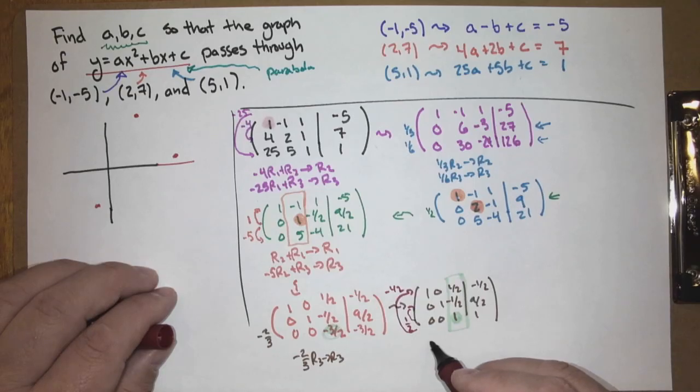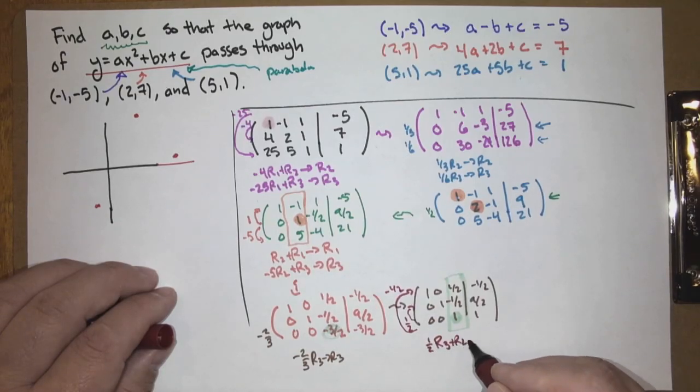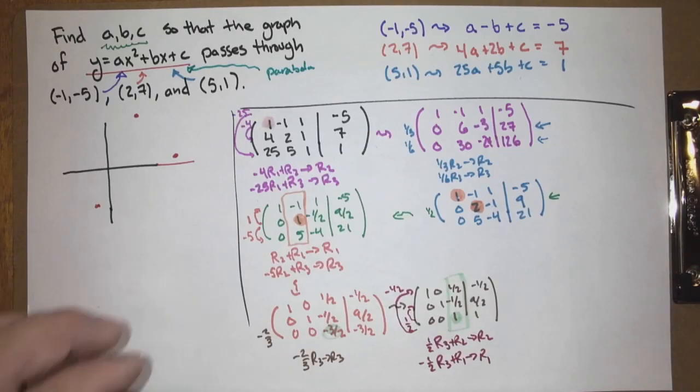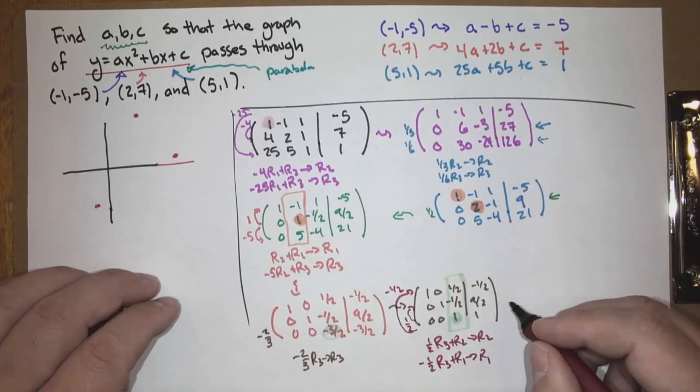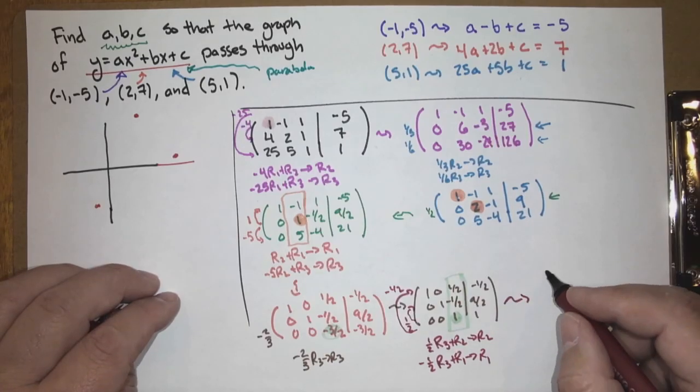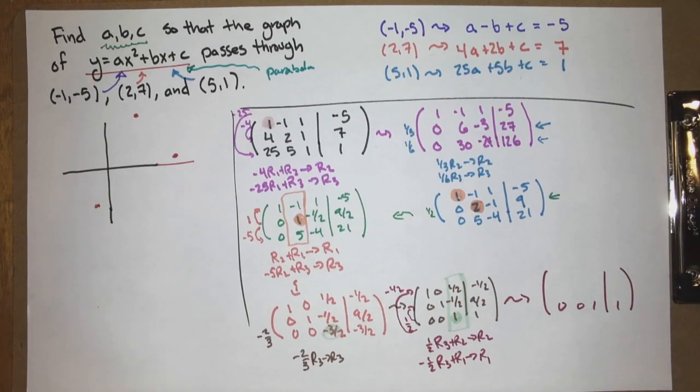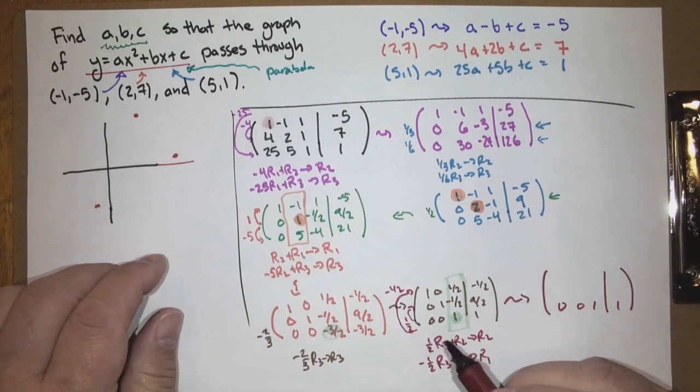So in notation, 1/2 row 3 plus row 2 becomes row 2, and minus a half row 3 plus row 1 becomes row 1. Giving us the following. Okay, the last row is as we want it. 0, 0, 1, 1.